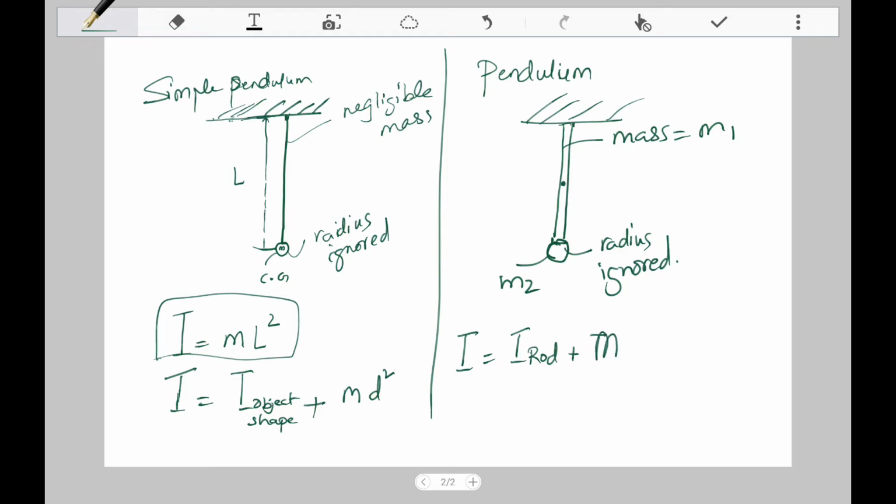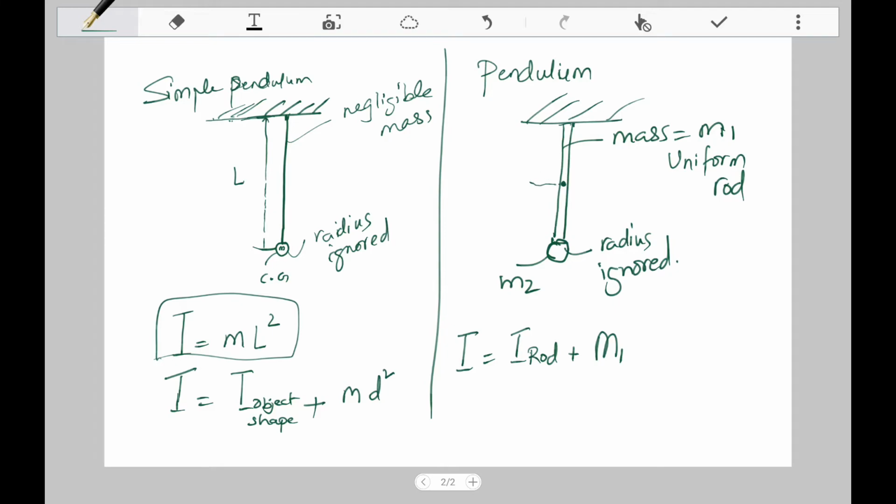So the center of gravity. We're going to consider this to be uniform, so a uniform rod, and then M1. So what is this distance D?